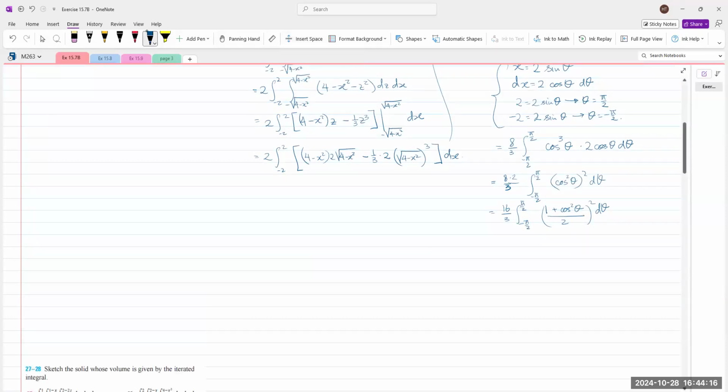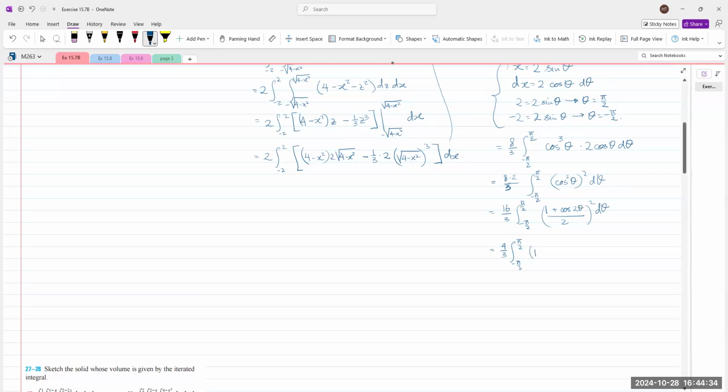That gives us 4 over 3 times the integral from negative pi over 2 to pi over 2 of, no, this one is incorrect, it should be 2 theta, not cosine 2 squared theta.